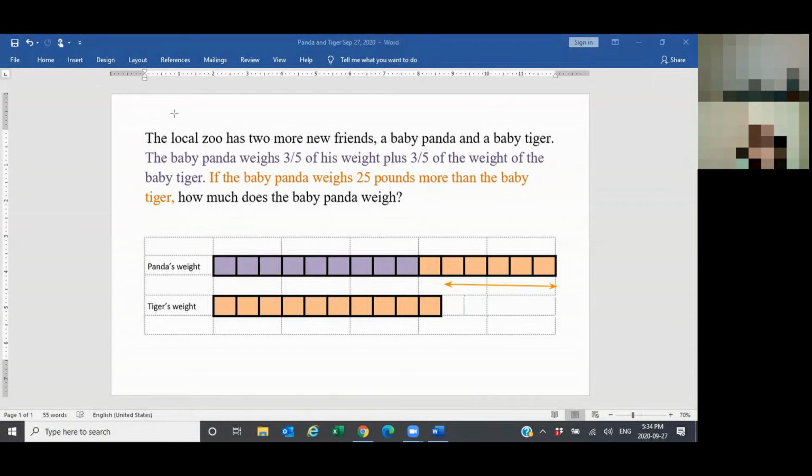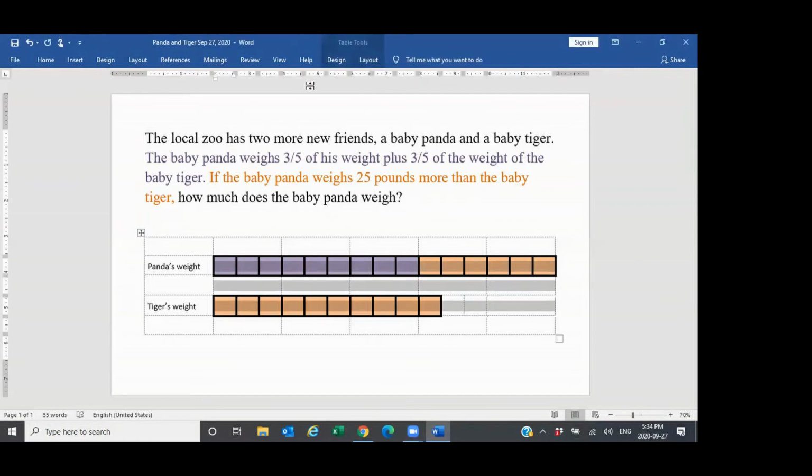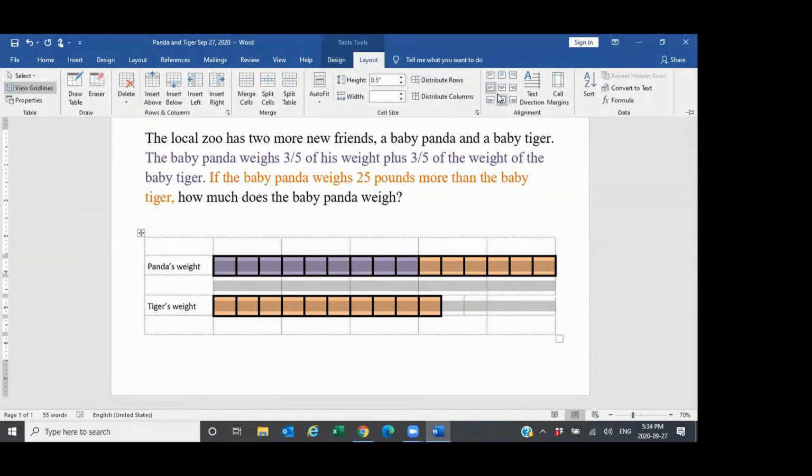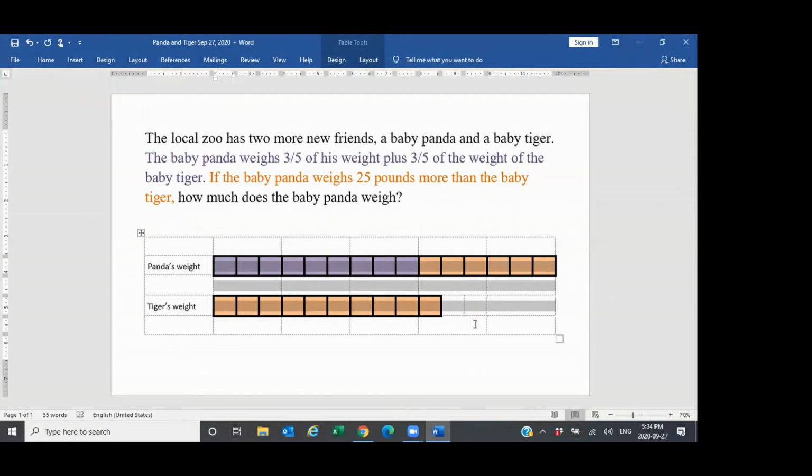I'm going to get rid of this. There we go. I'm going to do this so all the font is in the middle. There you go. Now you can just type 5 for every box. This may take a bit.